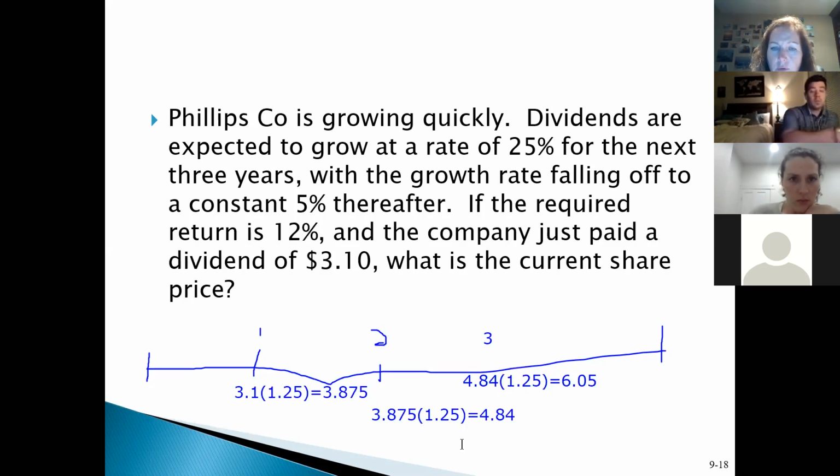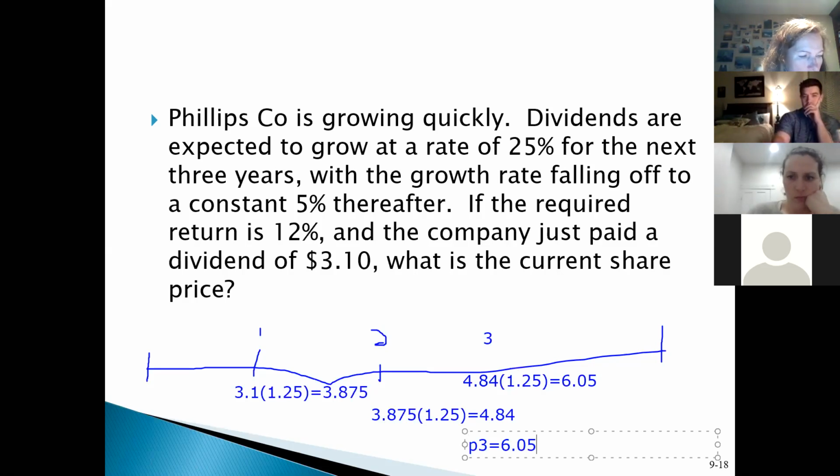So now we know that beginning in year 4, which gives me a price in year 3, the P3 is equal to the 6.05 times 1.05, the constant growth rate, divided by the required return of 12% minus the 0.05. So we have to use that formula, and that's going to be equal to 90.86.